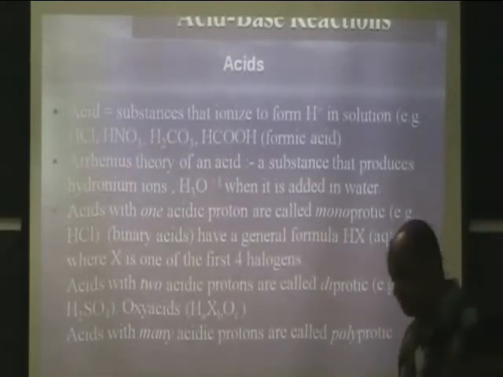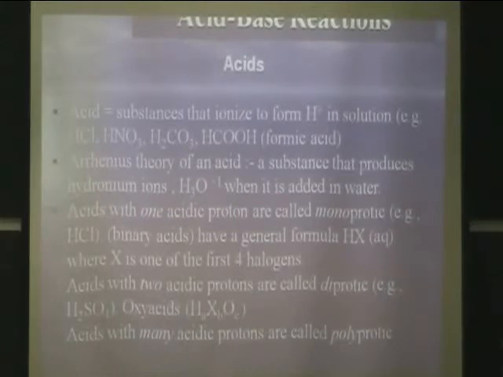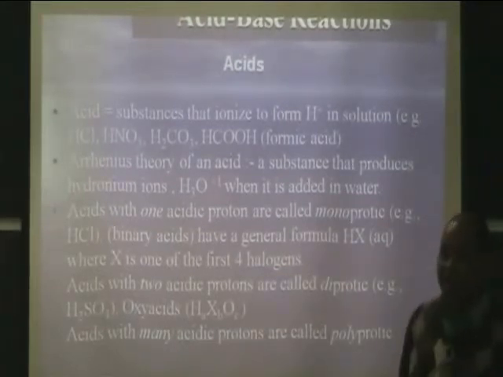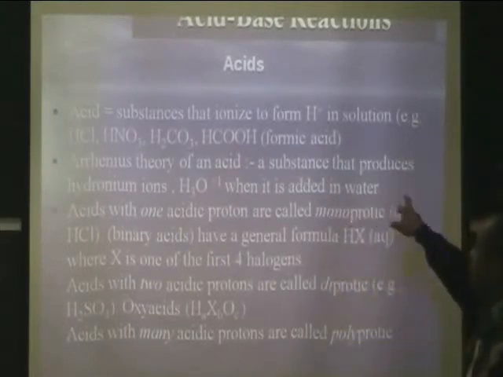An acid is a substance that, when it dissolves in water, provides hydrogen ion in the solution. So one of the basic things in an acid is that the substance needs to have hydrogen ion. That's one of the things you should know. We have examples of acids here.